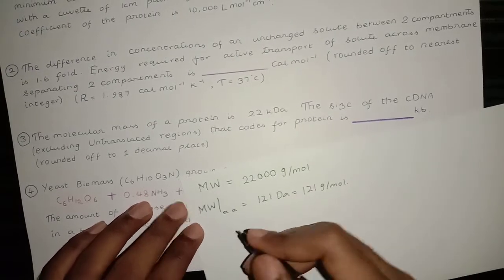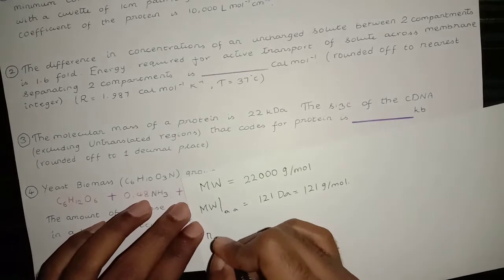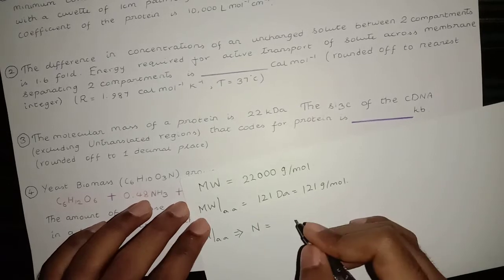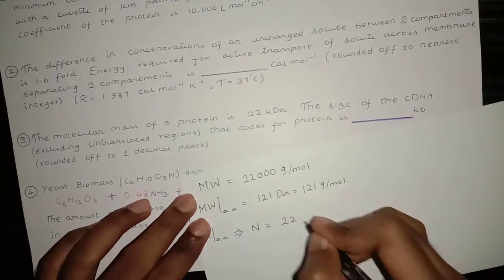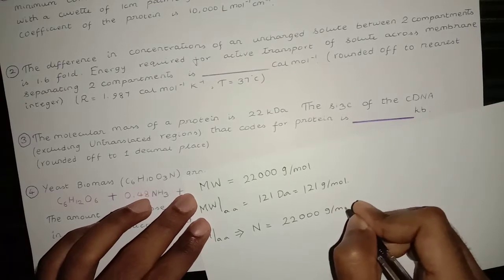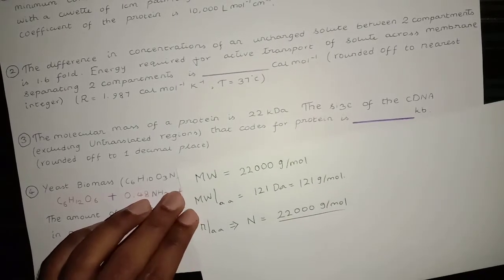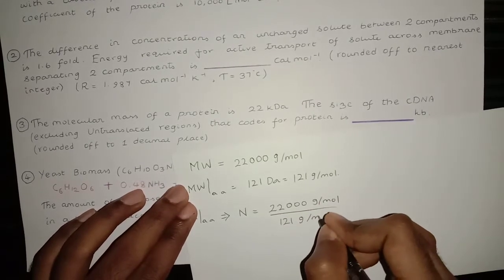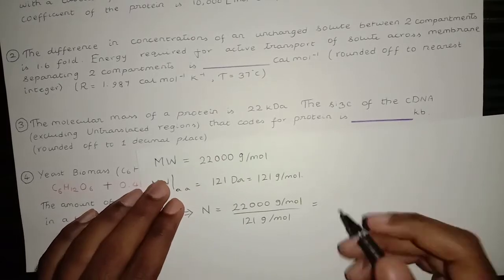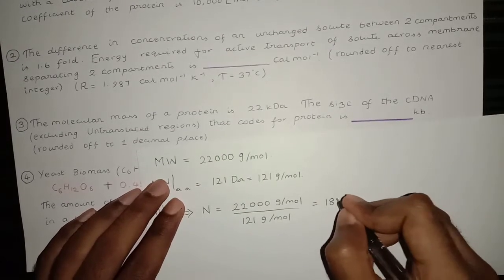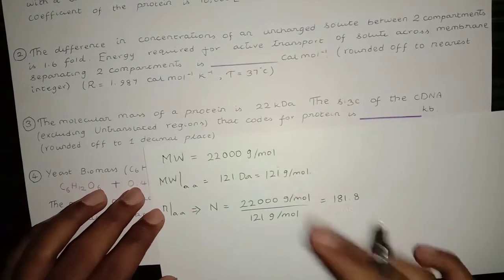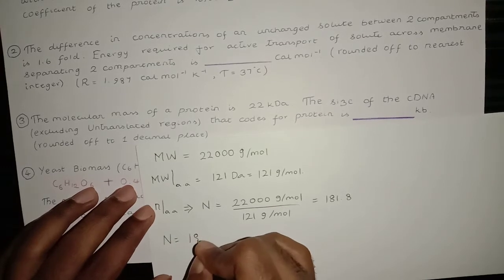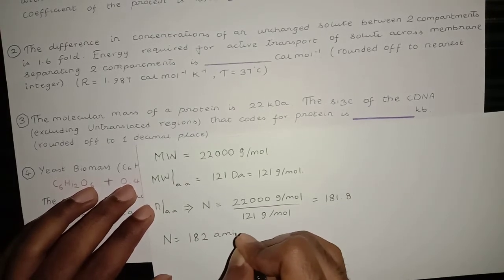So we can get number of amino acids, say n, is equal to the molecular weight of the protein divided by the average molecular mass of one amino acid, which is equal to 181.8. So the protein contains nearly 181.8 amino acids, that is n is equal to 182 amino acids.